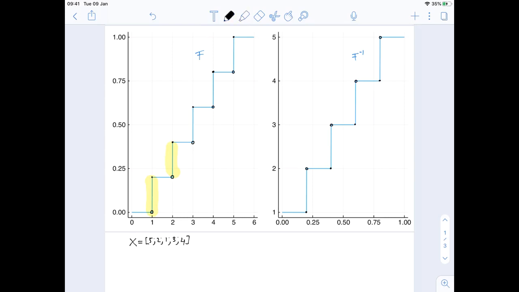Now suppose we'd like to compute the quantile function at the point 0.25. What we do is we go to 0.25 on the y-axis, and we find the first point on the x-axis where the CDF jumps over 0.25. And as you can see, that is at the point 2.